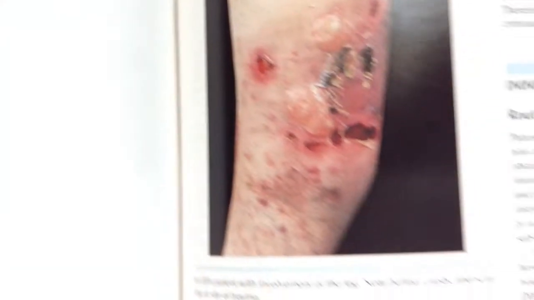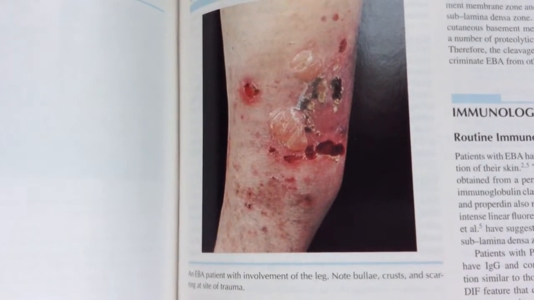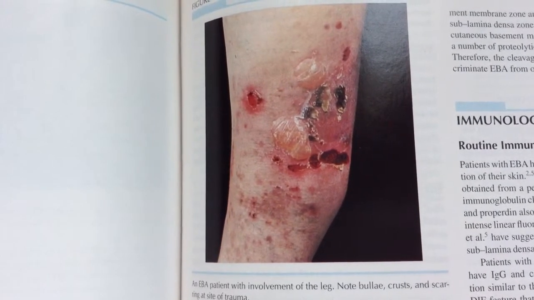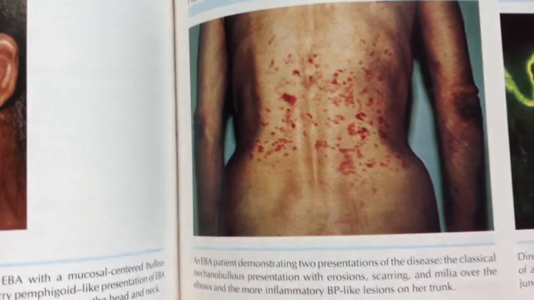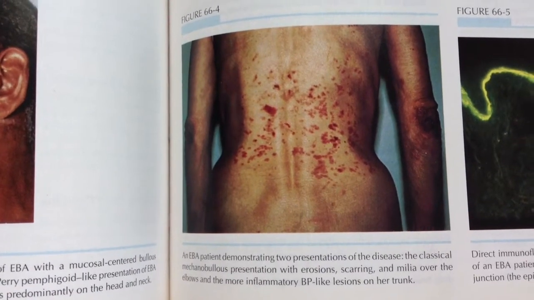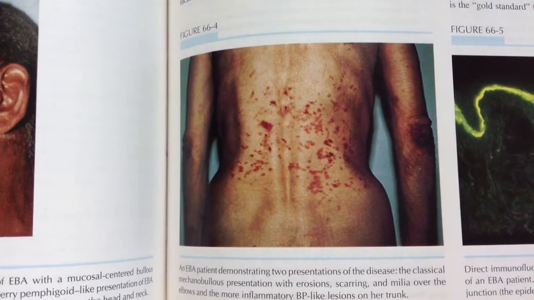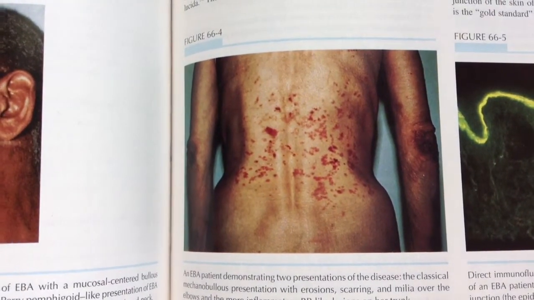Here another picture, bullae, crusts and scarring at the site of trauma. And here also you can see two types of presentation: the classical mechanobullous presentation with erosion, scarring, and milia, and a more inflammatory bullous pemphigoid-like one on the trunk.